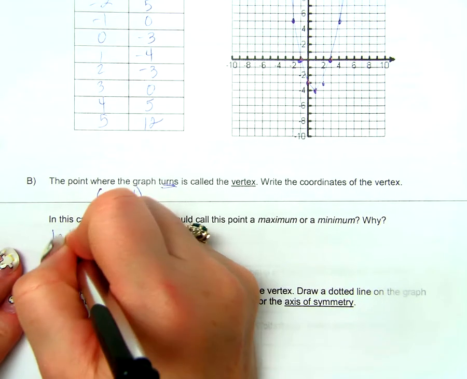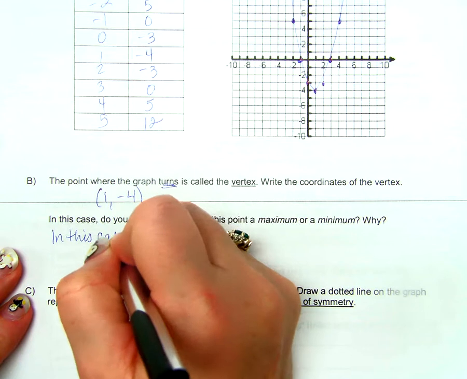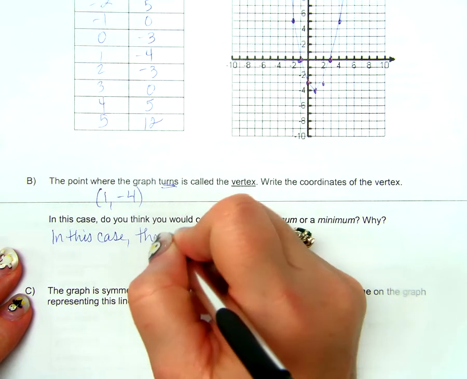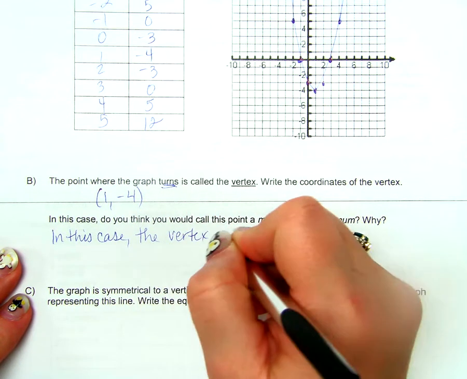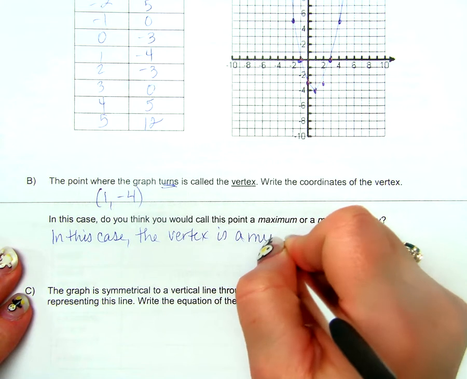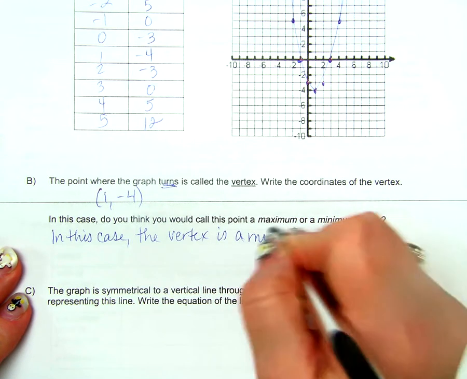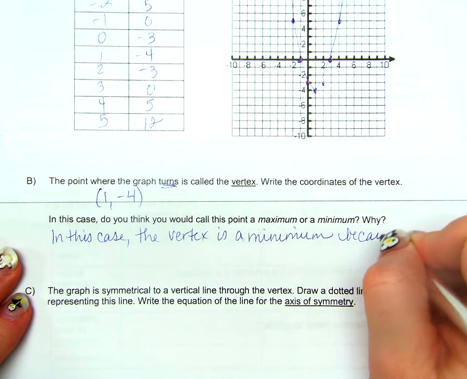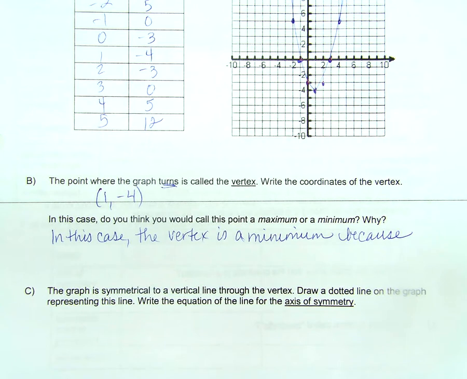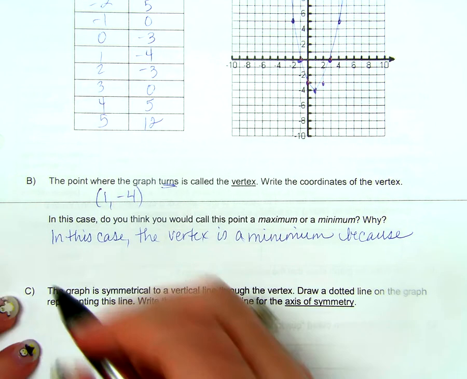So in this case, the vertex is a minimum because why? It's the lowest point. Does that make sense?